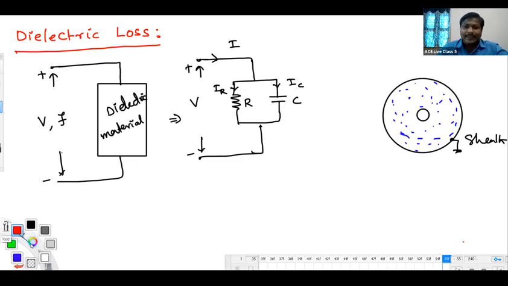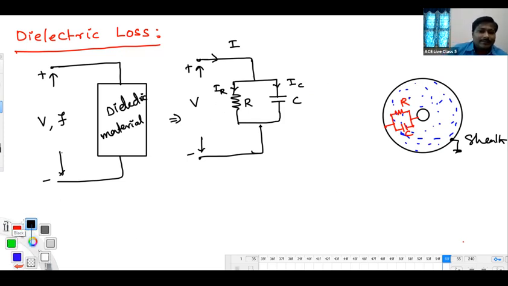That dielectric material I am going to represent as an RC parallel circuit. This is a way of understanding it exactly.